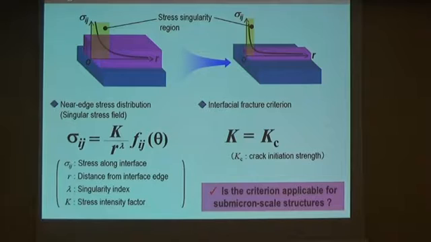So what happens if the characteristic length of this device structure attains, for example, 1 micrometer or less? Then the singularity region shrinks down to 100 nanometers or even less. So is the criterion applicable for submicron scale structures or not?